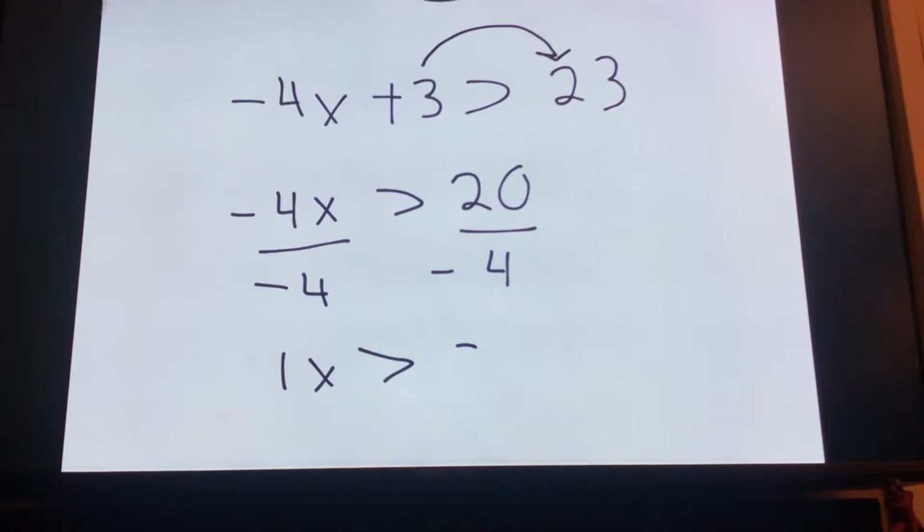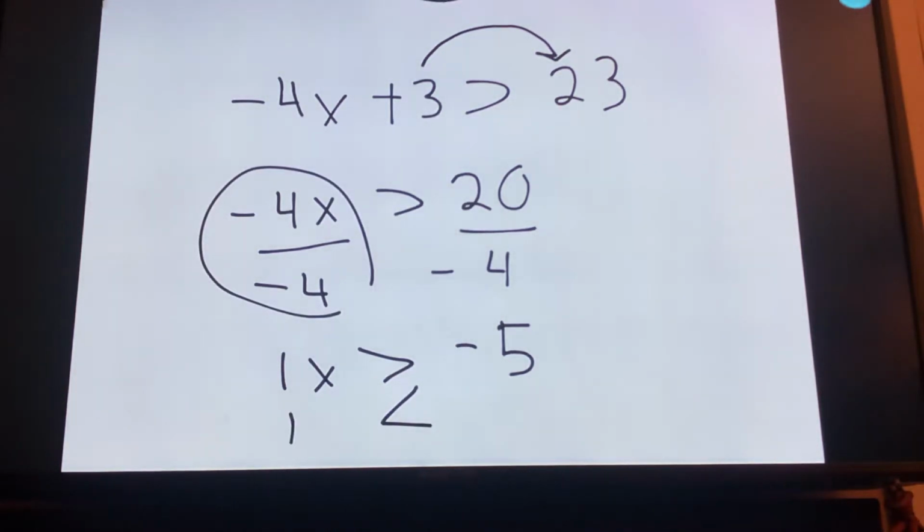And what's that going to be? Negative 5. But that can't be right, because obviously if we get 1, we can't say that 1 is actually less than 5, right? So since we divided and made this positive right here, we actually need to change the sign to say 1x is greater than negative 5, because we changed this sign here and made it a positive.